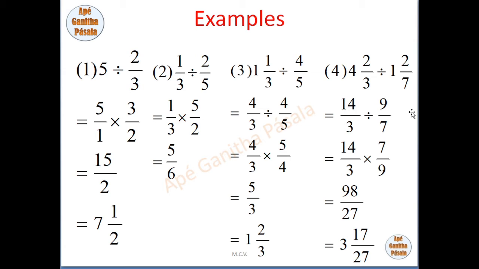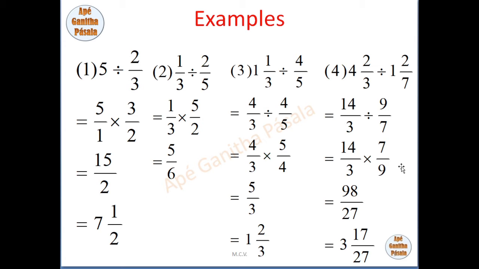The other one, 7 multiplied by 1 is 7. 7 plus numerator 2, 9. 9 over 7. Now there's a division. You want to convert that division into a multiplication. Then interchange the numerator and denominator of the right hand side. So 9 over 7 becomes 7 over 9.